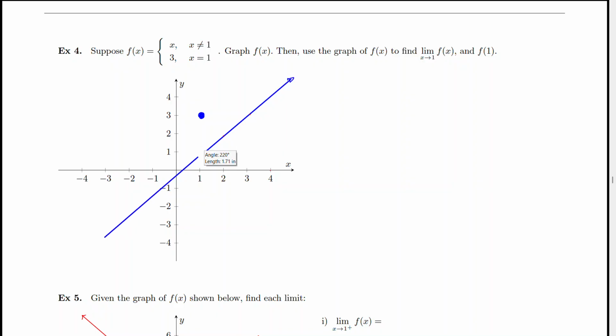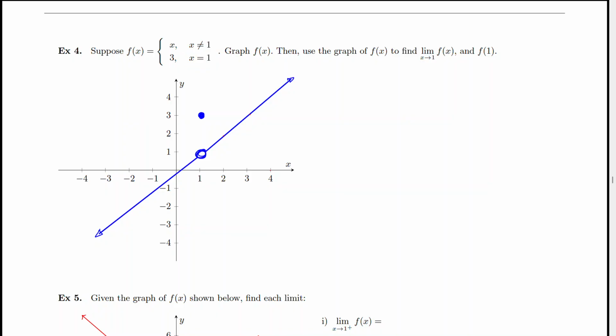However, I am not allowed to touch the value 1, 1, right? So there's a gap in my graph, and that gap is caused by this condition over here. It tells me that x equal to 1 will always give you the y-coordinate equal to 3.